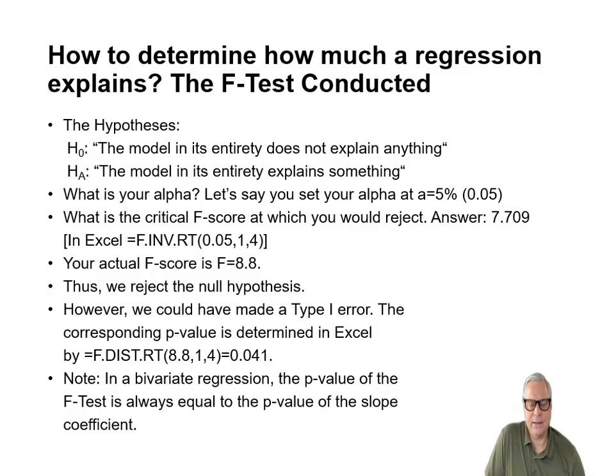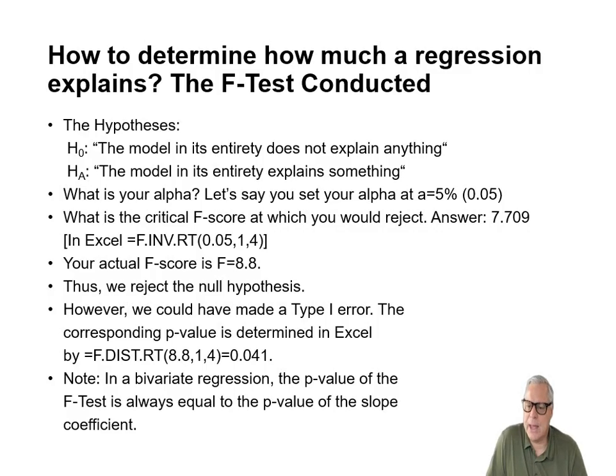And we got that by using Excel. And we insert the formula F.INV.RT, 0.05, that's the p-value. And then Excel wants to know degrees of freedom 1. And those are the degrees of freedom of your ratio that you have in the numerator. And then Excel wants to know the degrees of freedom that you have in the denominator, and that was 4.